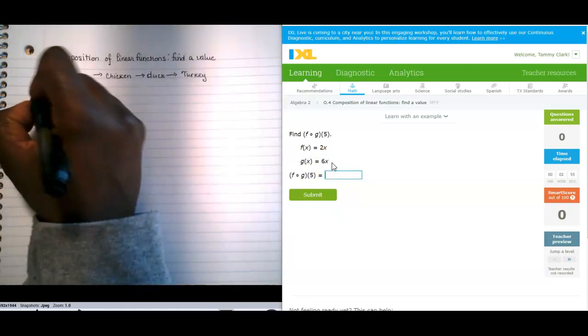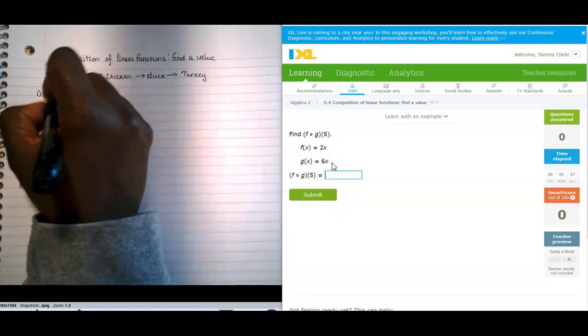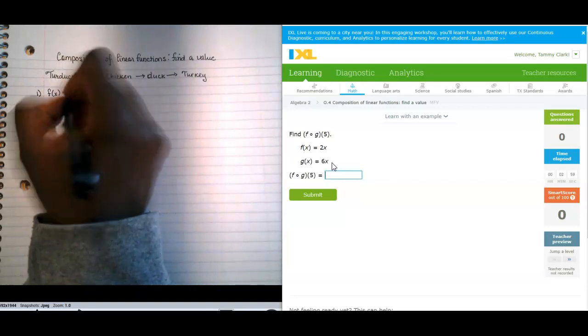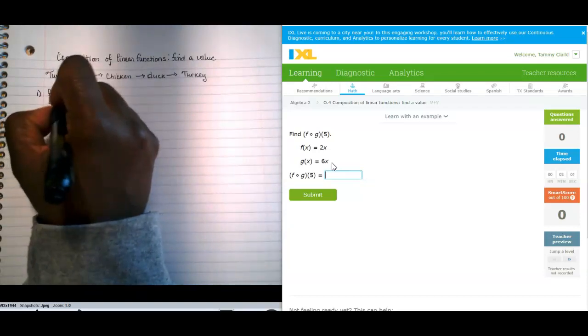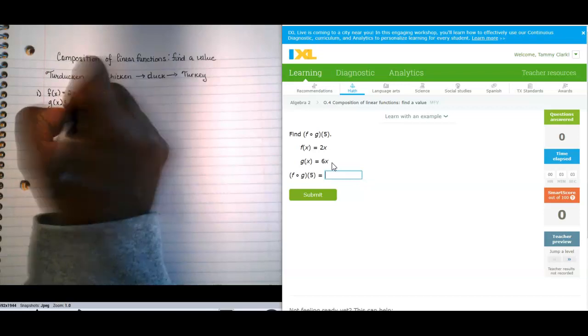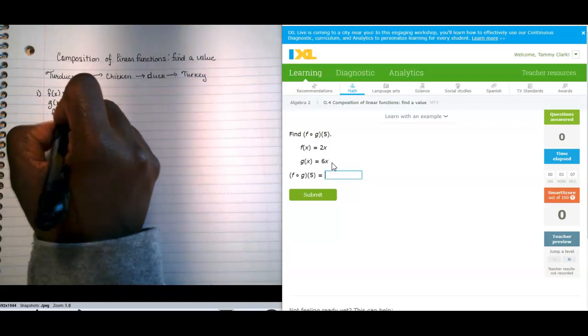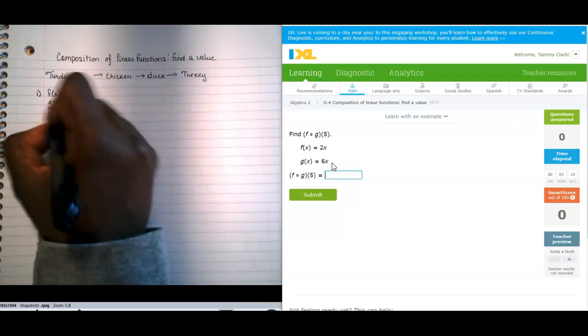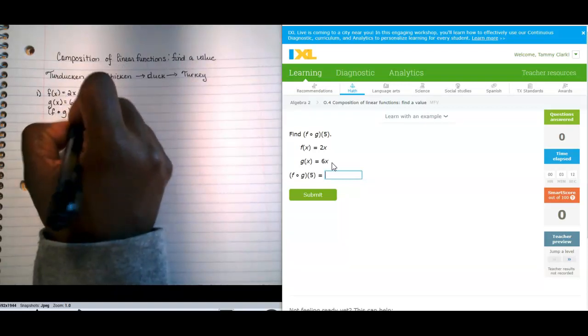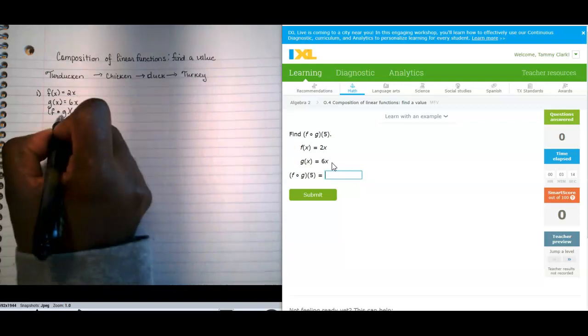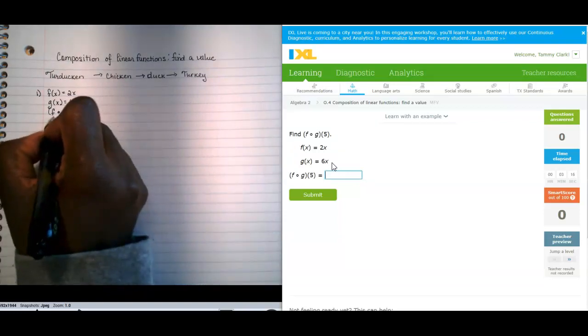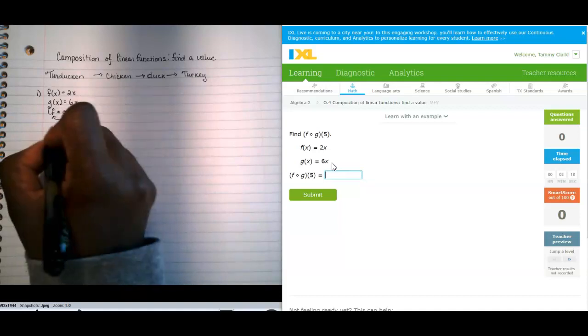So I have number 1, f of x is equal to 2x, and g of x is equal to 6x. So if I have f of g of 5, what that means is I'm going to take g and put it inside of f. What does that look like?